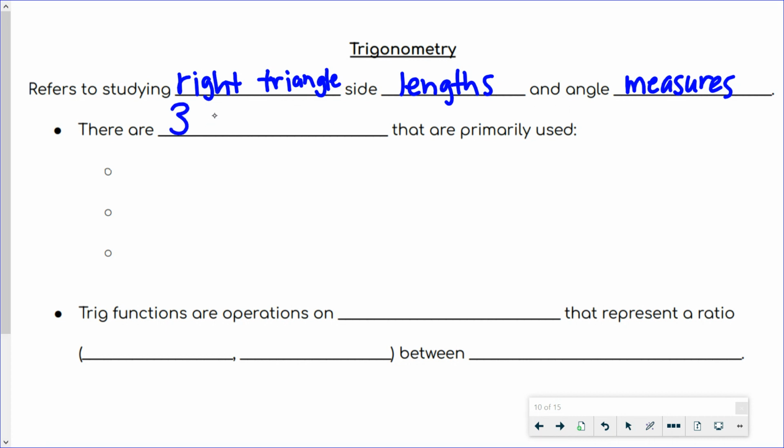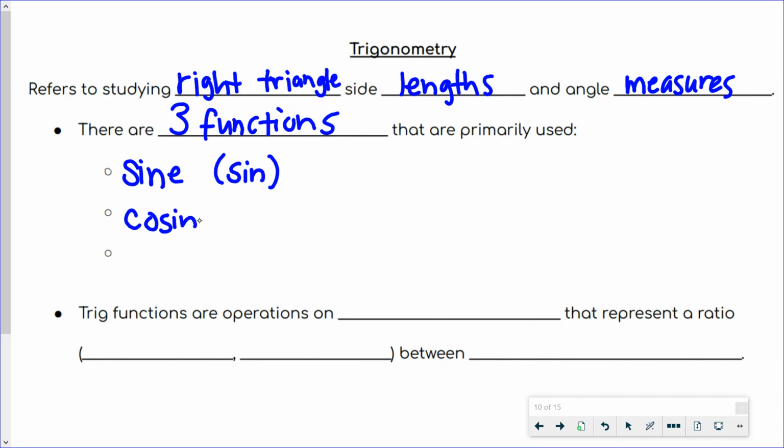There are three functions that we use, and a function is like an action on a number. So it's like a square root or an equation, something that's going to change our value. And they have names. They're called sine, and we pronounce it sine, like a stop sign, and we abbreviate it SIN.